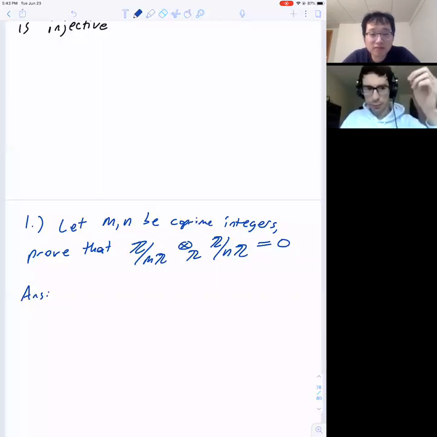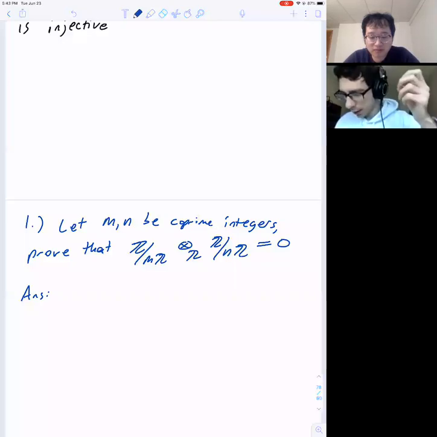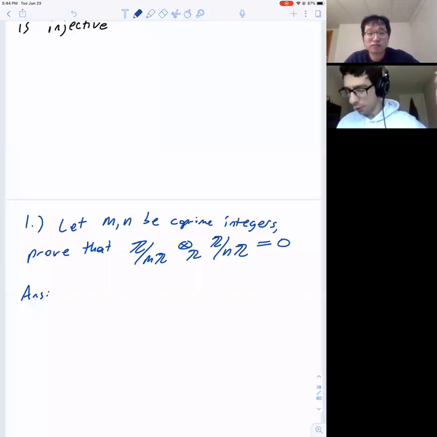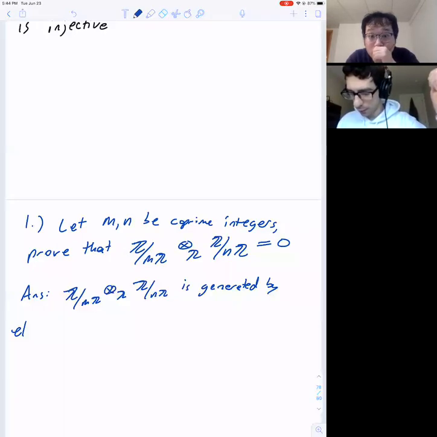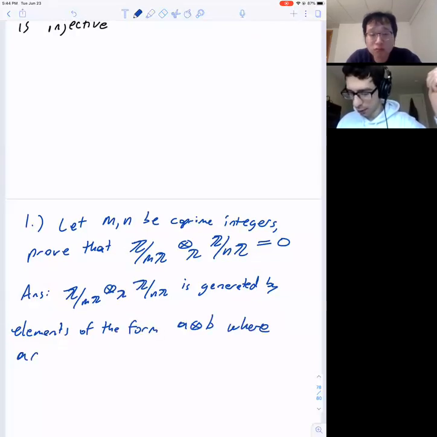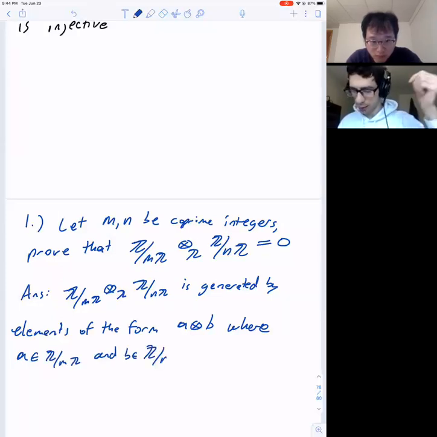Let's say you have this case. I don't know what this tensor product looks like, but I do know that it is generated by elements of the form A tensor B, where A is in Z mod MZ and B is in Z mod NZ.